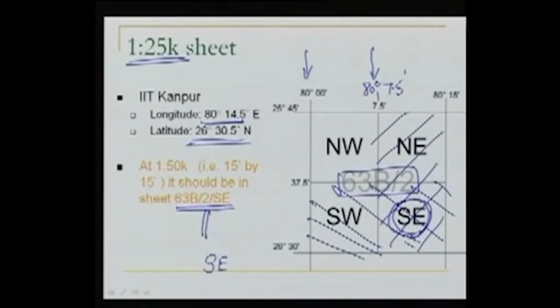So that's the sheet number. So for procuring a map sheet at 1/25,000 scale for IIT Kanpur, or rather a sheet in which IIT Kanpur will be there, we will write to the Survey of India for map sheet number 63B/2/SE. Okay, so this is what we have seen now, how to procure the maps.